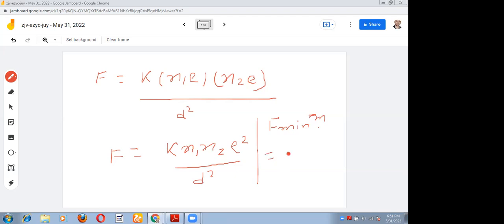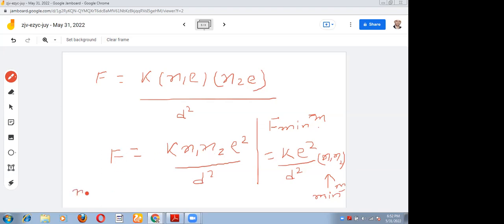When you have to find a minimum value, separate the constants. We know K is a constant, E square is a constant, D square is a constant. What is variable? N1, N2, isn't it? So for this to be minimum, the product N1 into N2 should be minimum, correct?